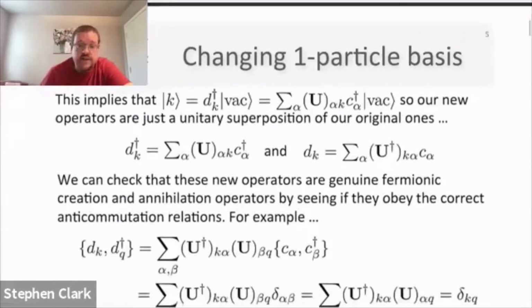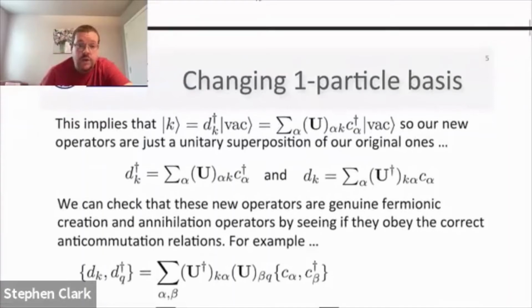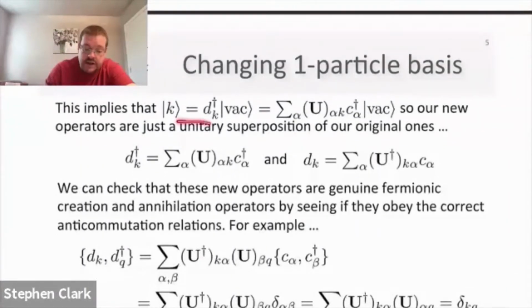So how do we change our single particle basis? Well, we've just said I introduced d dagger K to be precisely the operator to create the state K from the vacuum. And then if you look at this, it's a superposition of the alpha states given by this U, whose elements are the elements of this unitary matrix. So our new operators are just unitary superpositions.